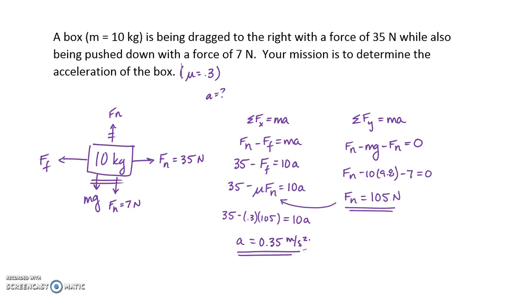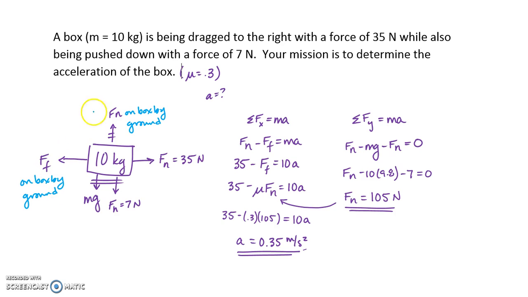Now, the big mistake students make is they forget their on-by notation. Now, I didn't include it myself, but I'm going to put it in here now because it's kind of important. So if I look at my on-by notation, this is force normal on the box by the ground, and this is the force of friction on the box by the ground.